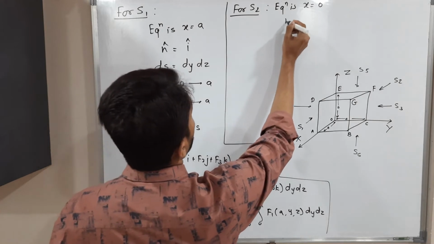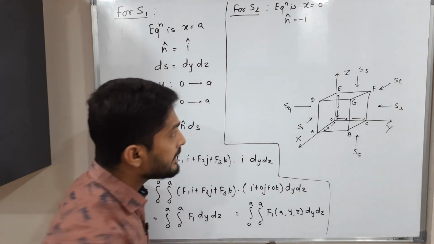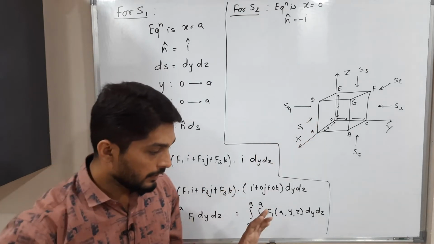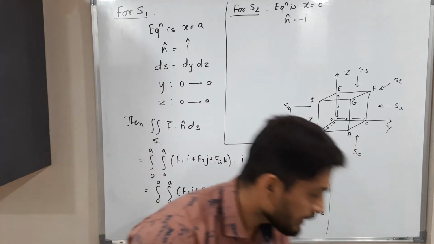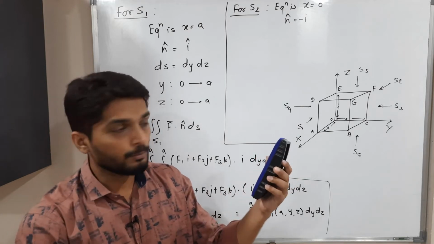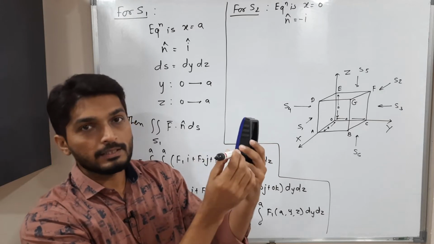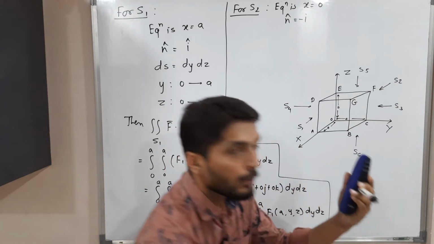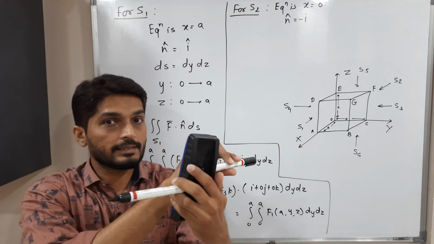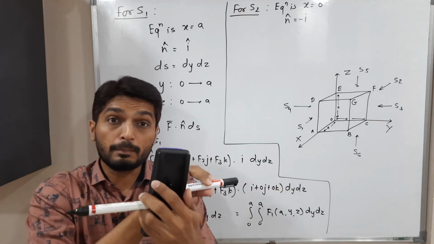So again we can write n cap is equal to minus i. I should write minus i because, let me show you. Suppose it's not a cube, I know that, but consider this is a cube. Here we have i cap as the normal vector. If you talk about its back side, you will have a vector in exactly the opposite direction.